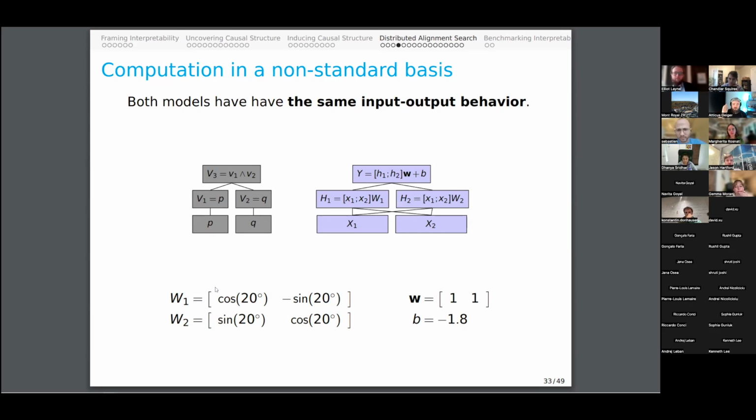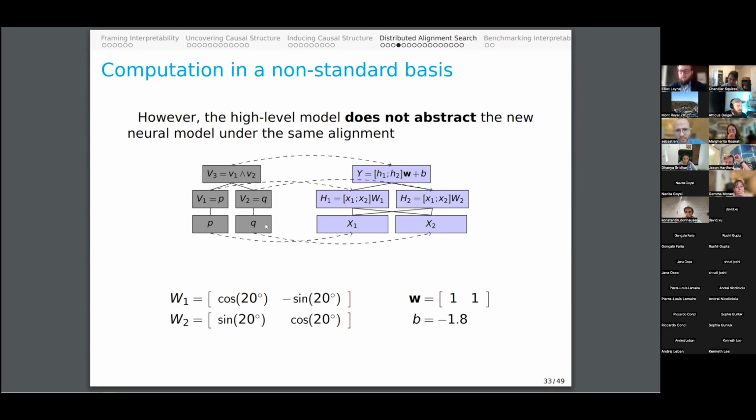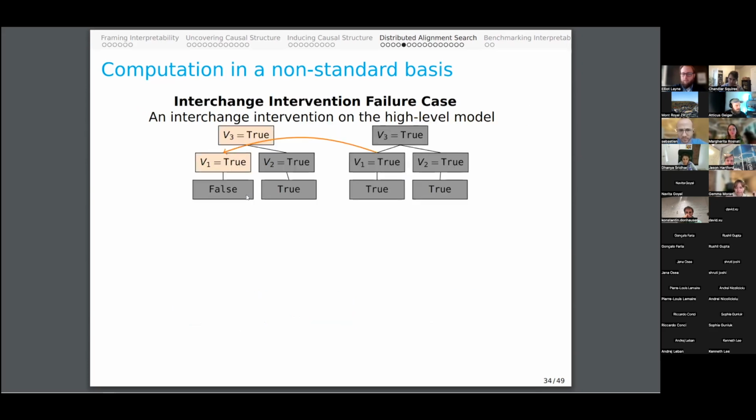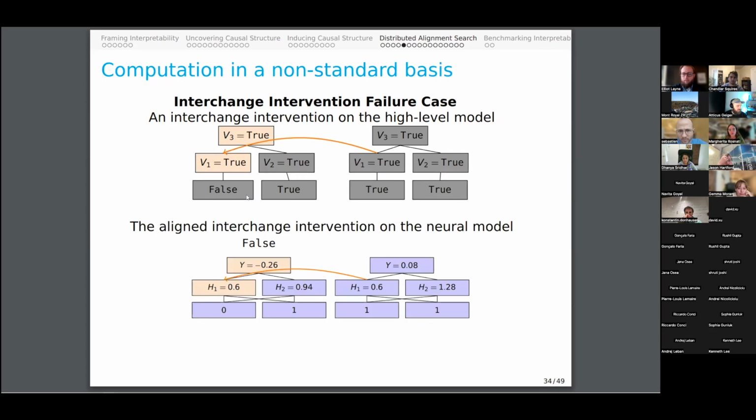It still computes the conjunction program for all 4 inputs. But something that is interesting is it no longer has this abstraction relationship where H1 perfectly represents V1 and H2 perfectly represents V2, because this information has been tilted, we're off axis, and these two quantities just don't align. And so there's a failure case in interchange interventions.